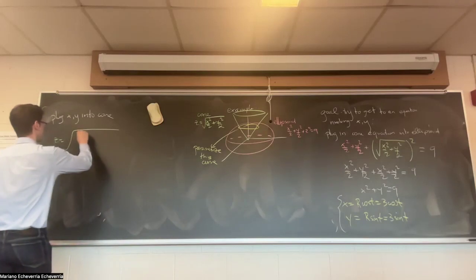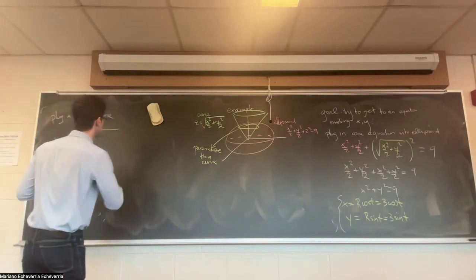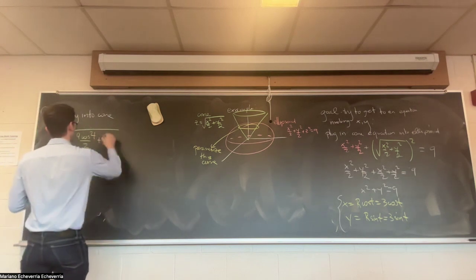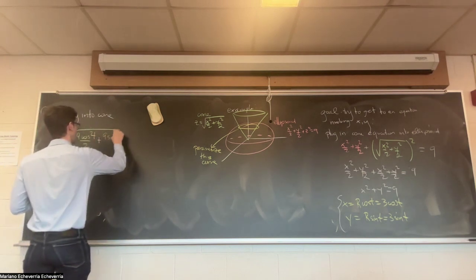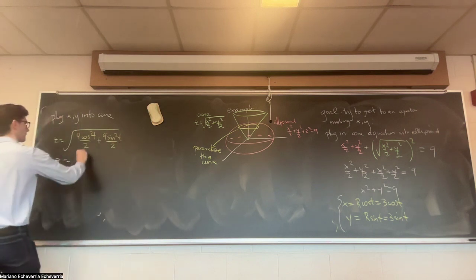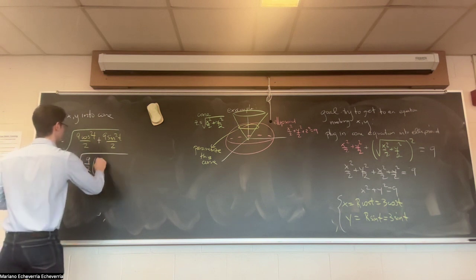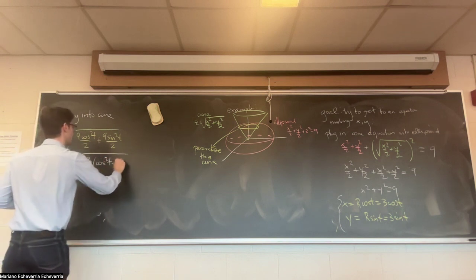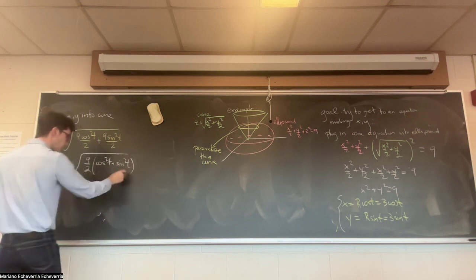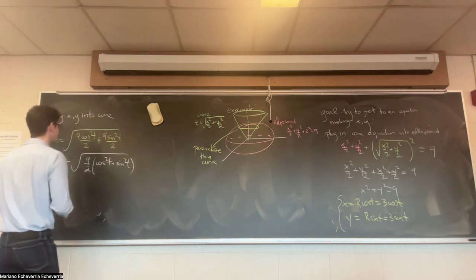That's 9 cosine square of t over 2, right? Plus y squared over 2, that's 9 sine square of t over 2. And you need to substitute, get the 9/2 out. So you get cosine square of t plus sine square of t. And cosine square plus sine square gives you 1. That's an identity you will have to use tons of times for these types of problems.